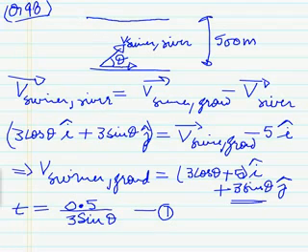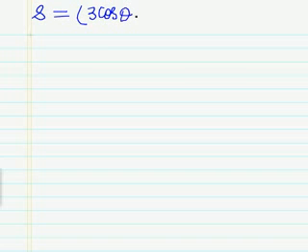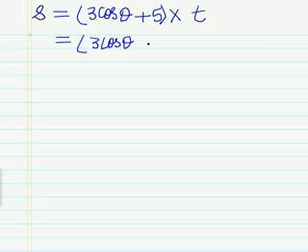Now the same way we can say that the distance covered, let's call it S horizontally, will be equal to the horizontal component of the velocity with respect to ground, which was 3 cos theta plus 5, into the time we just found. So this thing becomes 3 cos theta plus 5 times 0.5 divided by sine theta.